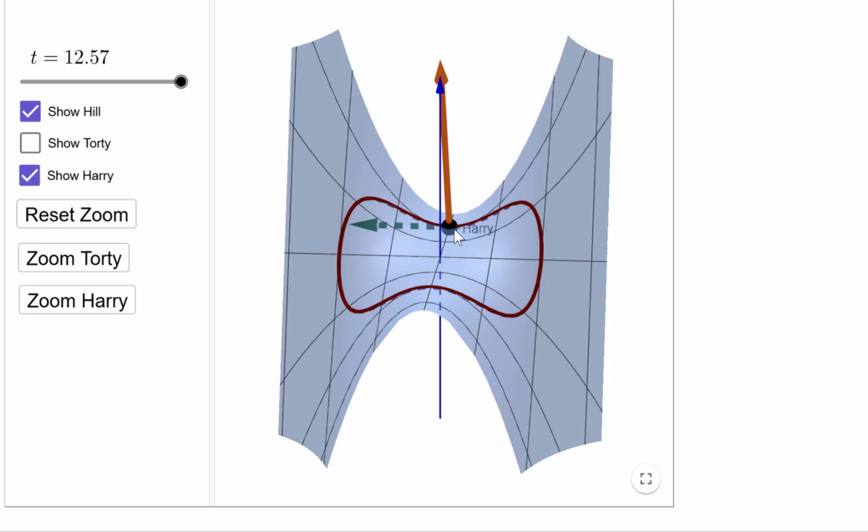And then you could compare that to Torty's length of curve from 0 to 4 pi. And so if you find that in the same amount of time they went the same amount of distance, you could say that confidently that they tied the race. If you wanted to do those sorts of calculations, you can certainly try it by hand. It might get a little bit messy, so you might turn to a software or computer algebra system. I'll leave that to you.